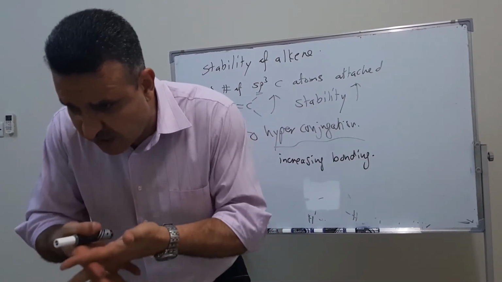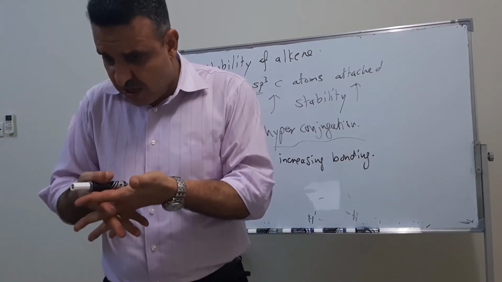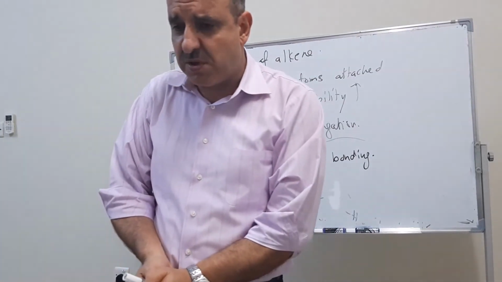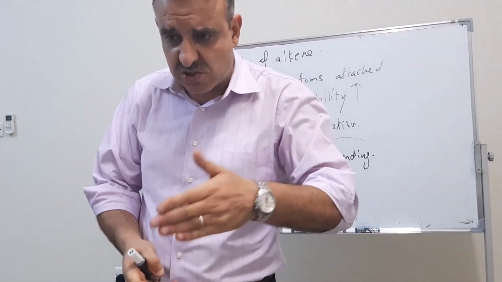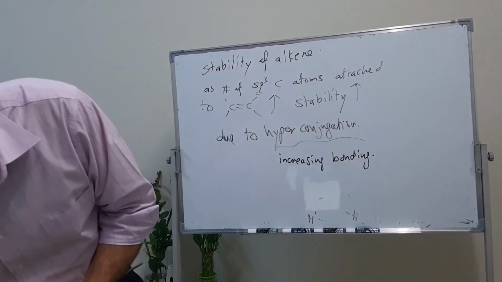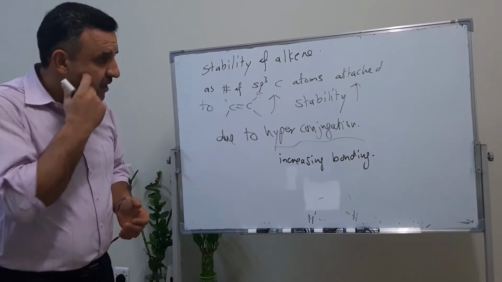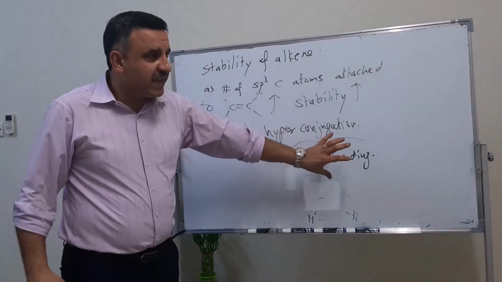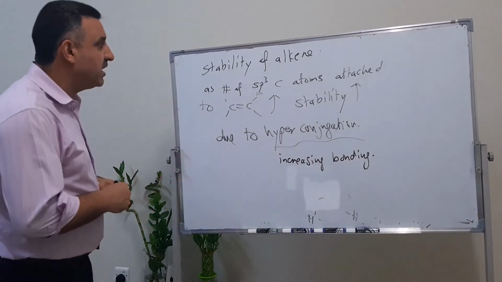Always. Bonds are attraction forces. Do you follow me? So the motivation of anything to happen in life is actually to have more attractions, which means more covalent bonds. Covalent bonds are simply more attractions. So hyperconjugation is like increasing the bonding. How will it increase?